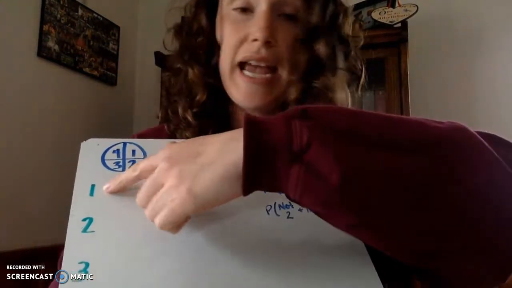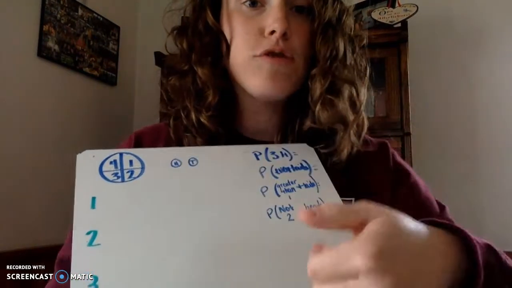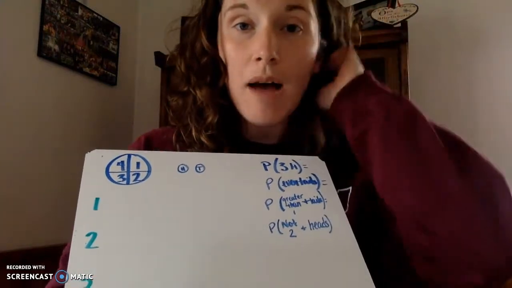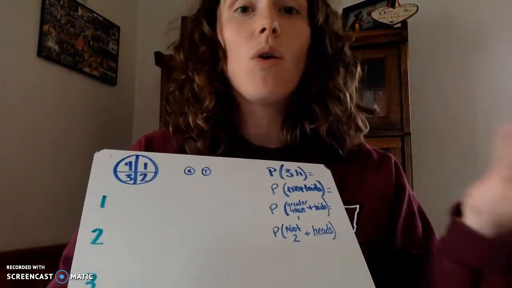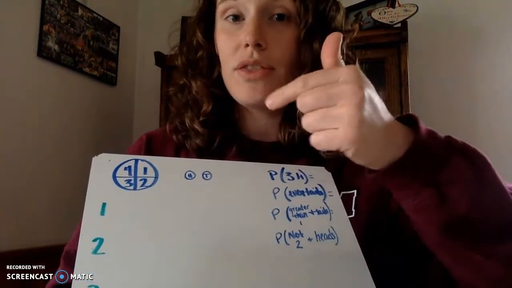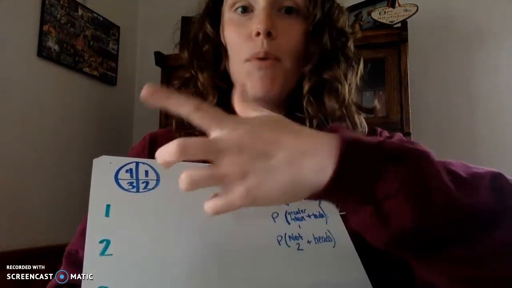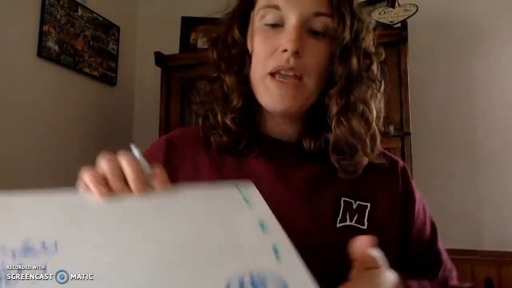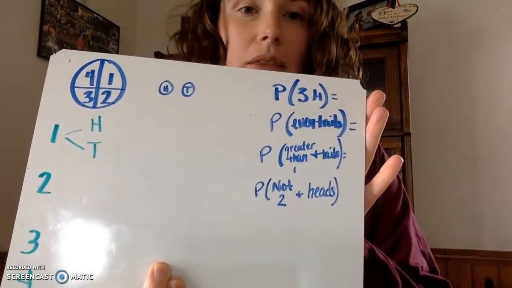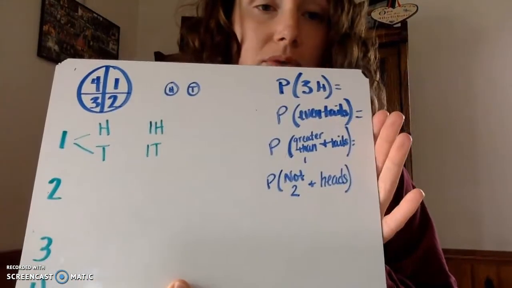Say I spun a 1, now I flip a coin. My 2 options on a coin are heads or tails. So I'm going to do a branch, because it's a tree diagram, from 1 saying heads and tails. Now I can list my outcomes by saying 1 heads or 1 tails. So I've got 2 outcomes right now.